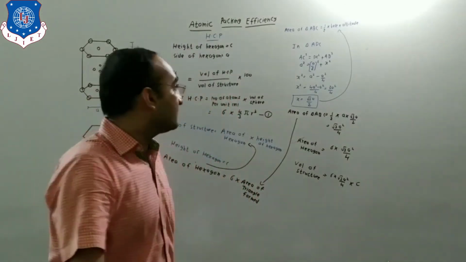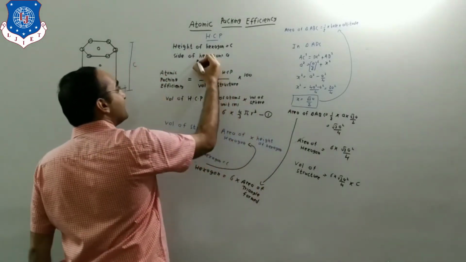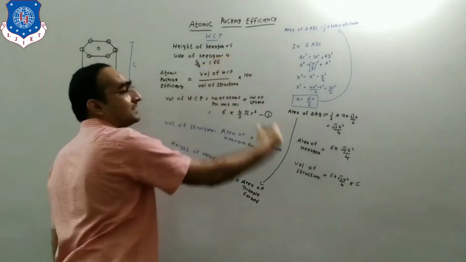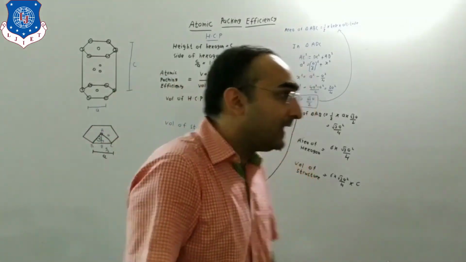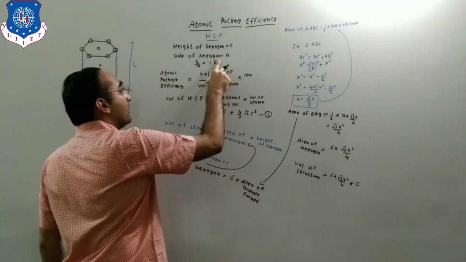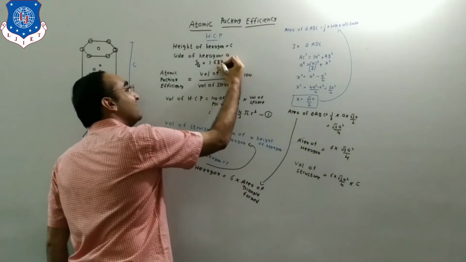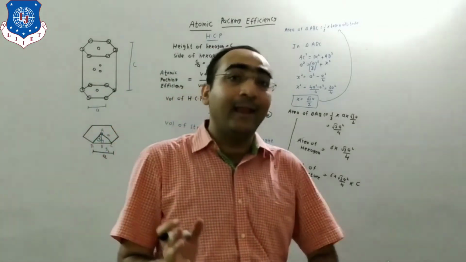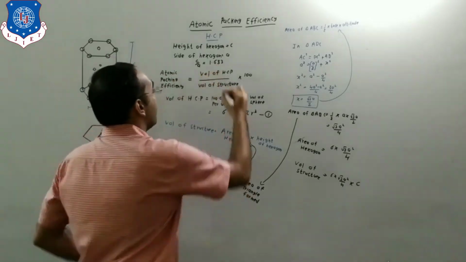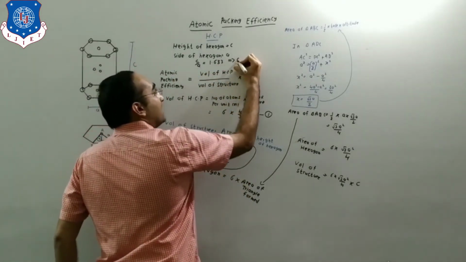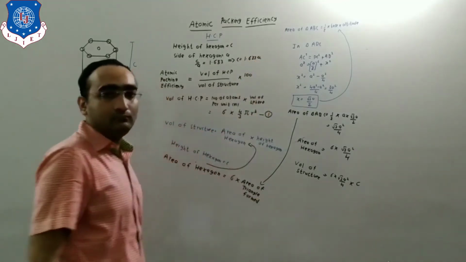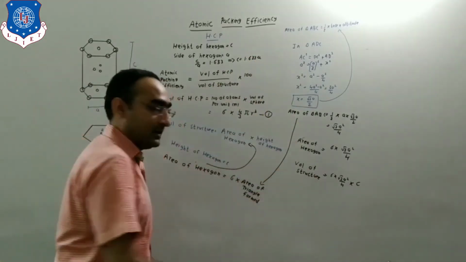There is one assumption we have to take, that c by a ratio will be equal to 1.66. You can take 1.66, or you can take 1.633 to be precise. You can take any of them. So c by a ratio is 1.633, which implies c is equal to 1.633a. So put the value of c over here.